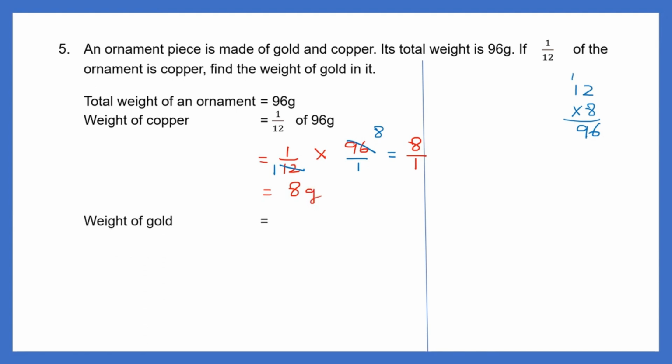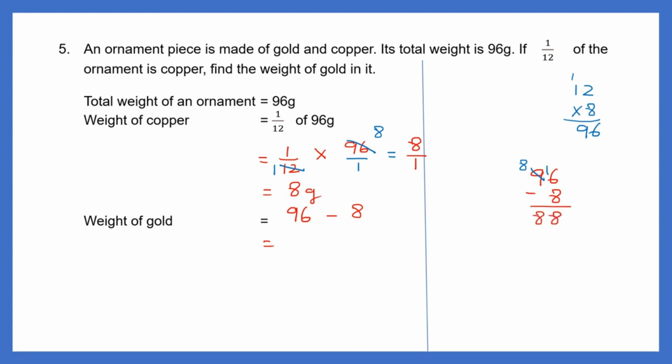Now we need to find the weight of gold. So we know the total weight, which is 96, and we know the weight of copper, which is 8. If we minus these two, we will find the weight of gold. So 96 minus 8. Let's borrow. 16 minus 8 is 8.